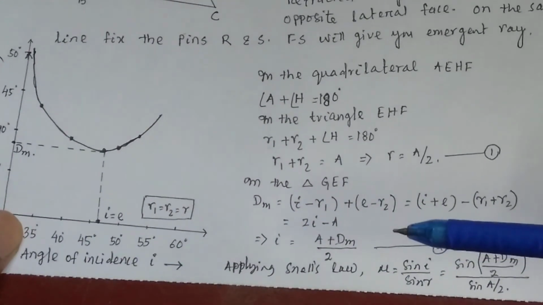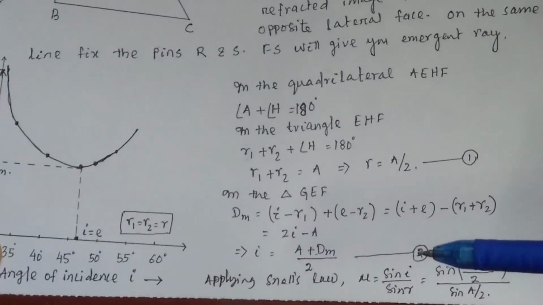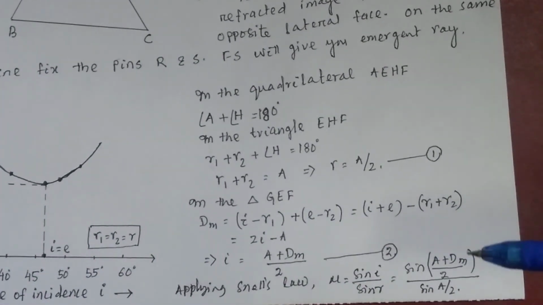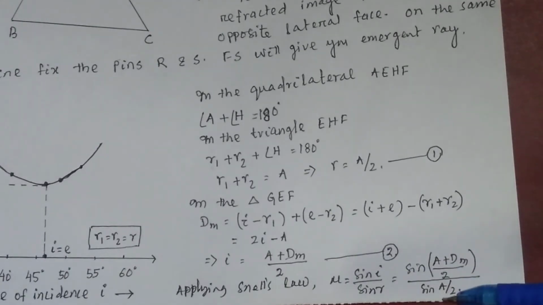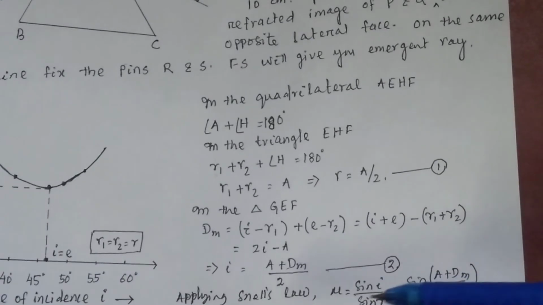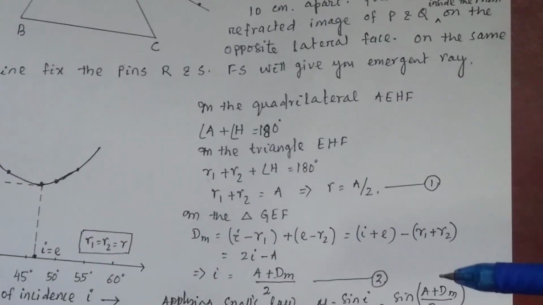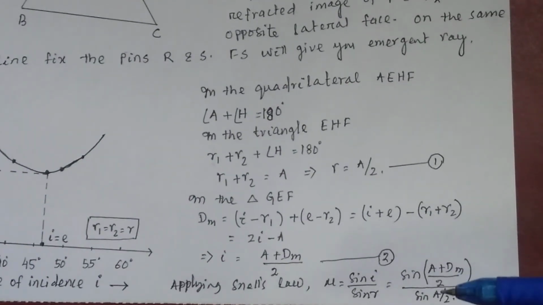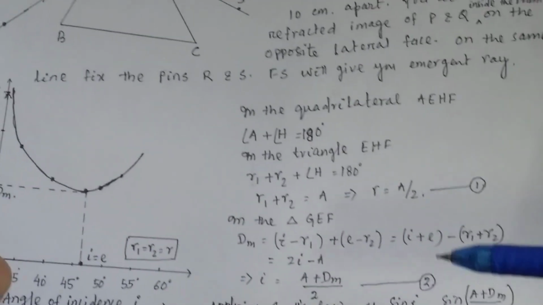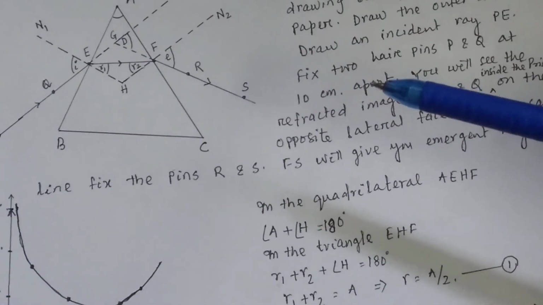And from Snell's law, we know mu equals sin i by sin r, so that is equal to sin of A plus Dm by 2, divided by sin of A by 2, as r is equal to A by 2. So mu will be equal to sin (A plus Dm by 2) divided by sin (A by 2). This is the expression for the refractive index of the prism.